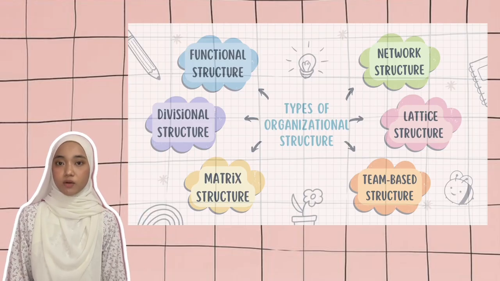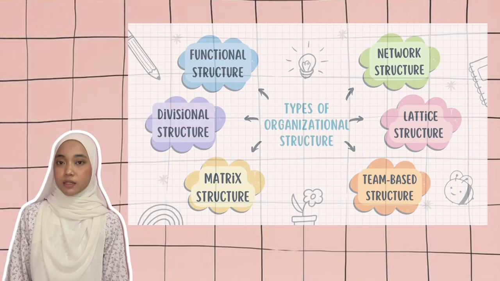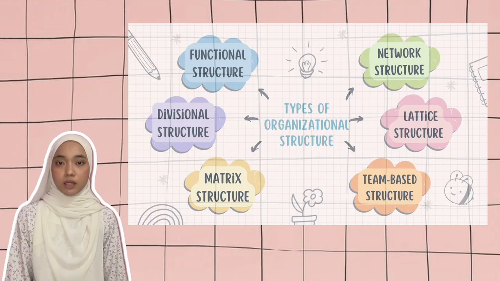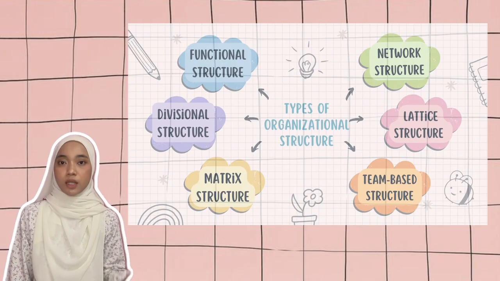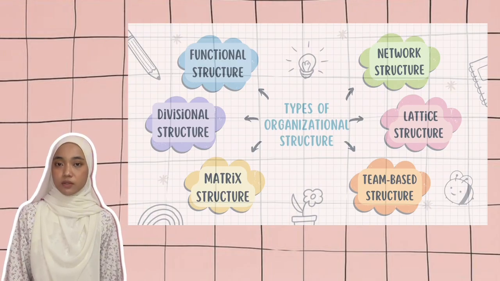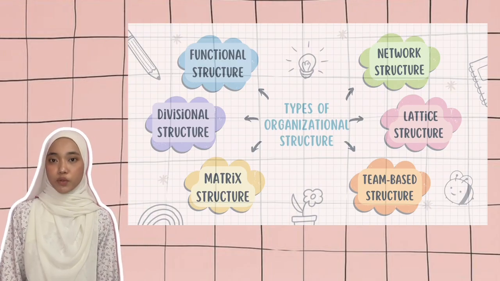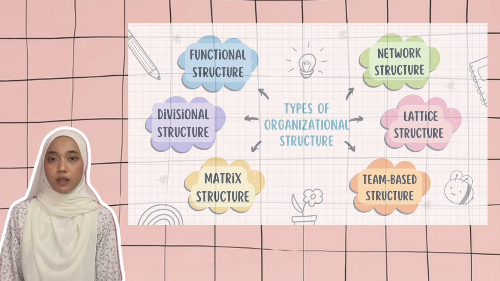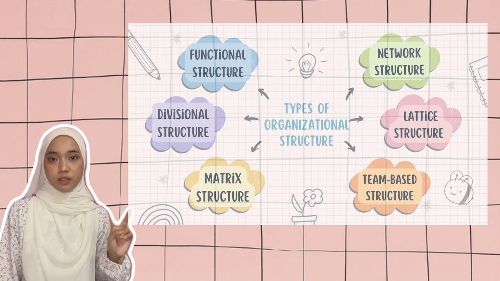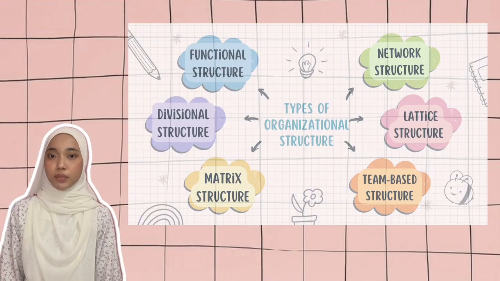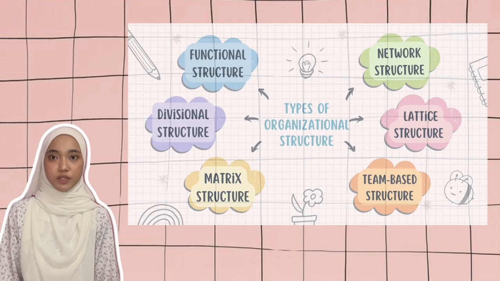Departments are based on product lines, regions, or customers. It's flexible but may duplicate resources. Third, matrix structure. It combines both functional and divisional design. Employees report to two managers. Great for projects but can cause confusion.